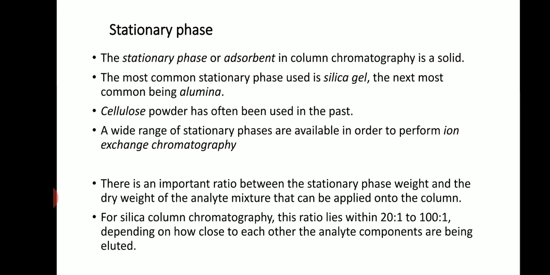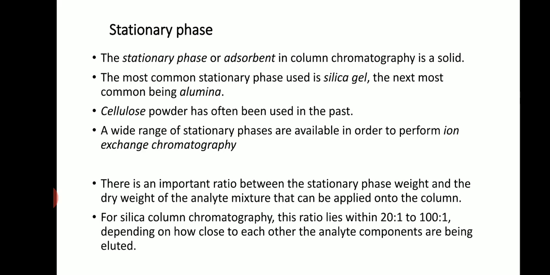Stationary phase. The stationary phase or adsorbent in column chromatography is a solid. The most common stationary phase used is silica gel, the next most common being alumina. Cellulose powder has often been used in the past. A wide range of stationary phases are available in order to perform ion exchange chromatography.